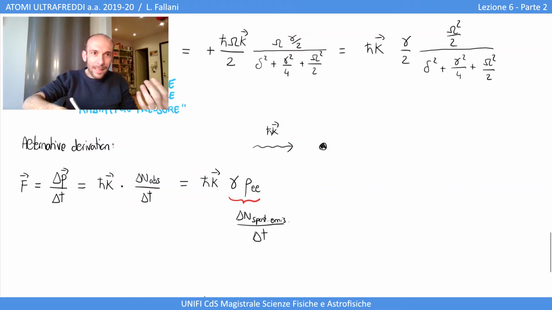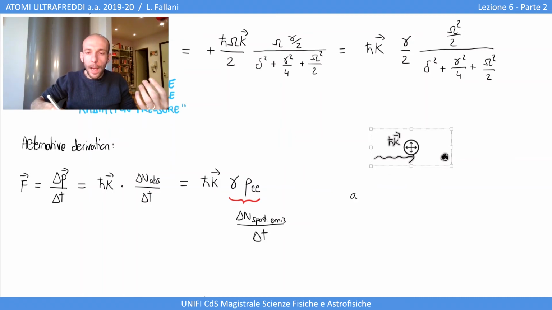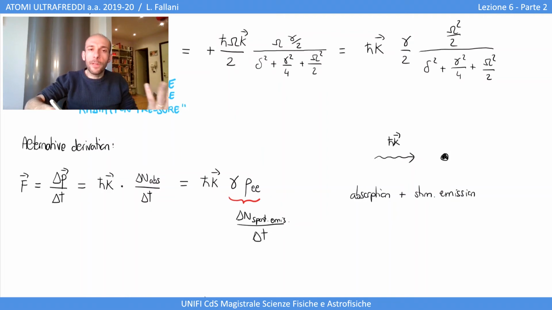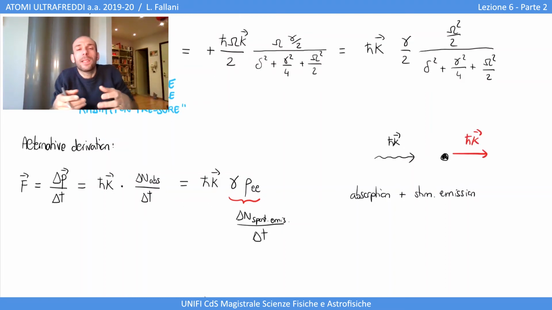First, let's see what happens if you have a process of absorption followed by a stimulated emission. If you have the absorption event, of course, the atom will gain a momentum h bar k, because it subtracts one photon from the laser field.